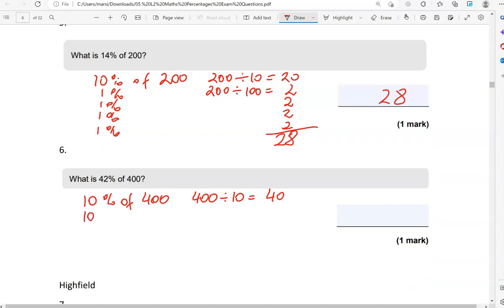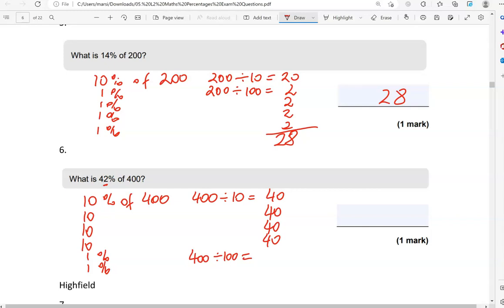Now we need 4 lots of 10% to make 40, so that's another 40, 40, 40, and we need 2%, so 1% and 1%. 1% of 400 we can work out by dividing 400 by 100.